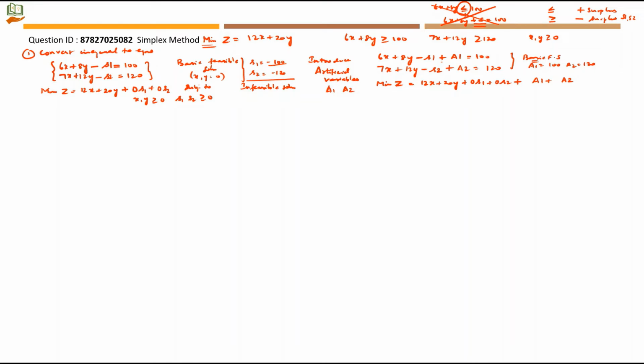What are the coefficients of a1 and a2? These will have a large value like 10,000 or 1 lakh. The large value will be represented as m. To represent them in coefficient form, we can have plus m and plus m. So this m can be a value like 10,000.